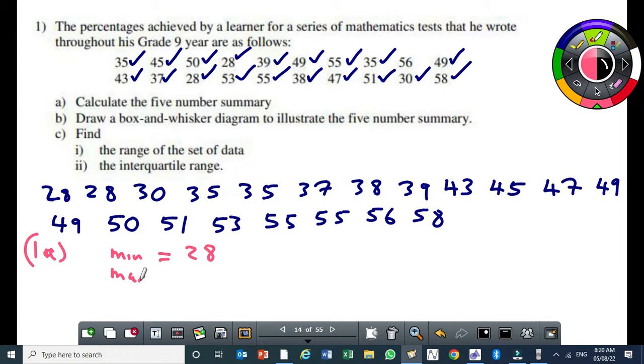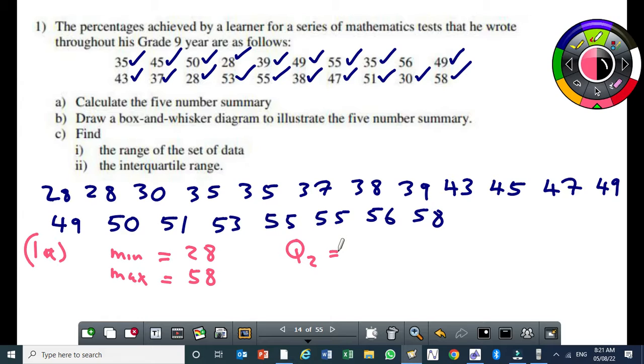And then the maximum is 58. Now, let's determine, okay, I prefer that you find Q2 first, so that you can use the position of the Q2 to determine Q1 and Q3. So our Q2, since this data set is even, it has got 20 values.